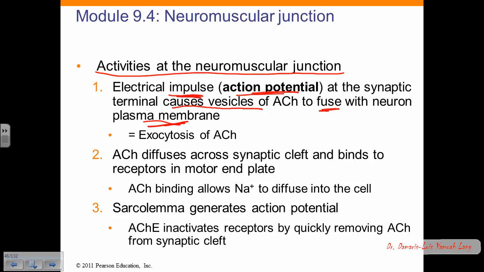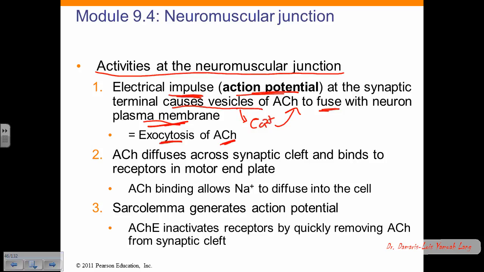The plasma membrane of the neuron, and by exocytosis release what? Acetylcholine. How does it do that? The action potential will first cause calcium to what? Enter. They haven't mentioned it on this slide. Calcium enters the axonal terminal, and it's this calcium that will cause the fusion and then the exocytosis. There are some proteins involved, but we're not going to do biochemistry here. Are you all getting this?